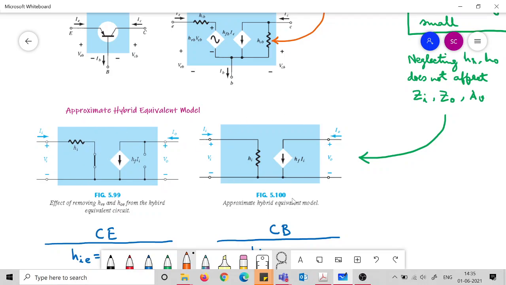We are left with this. Does this not look familiar to you? Just remember the RE equivalent model. In the RE equivalent model, there was simply one resistance and a current source. There was an output resistance which was neglected. So with that in mind, there was simply an input resistance like this and a current source at the output like this.